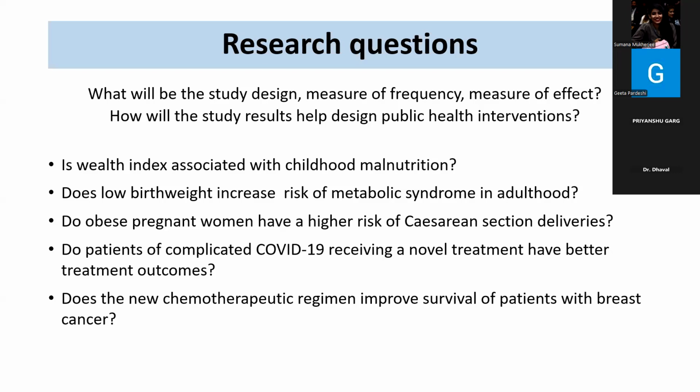A cross-sectional study would mean that you will have to collect data on all the individuals and then categorize people according to presence or absence of metabolic syndrome, which is possibly not necessary. What you would ideally do is a case control study. So you would identify individuals with metabolic syndrome in the present time.